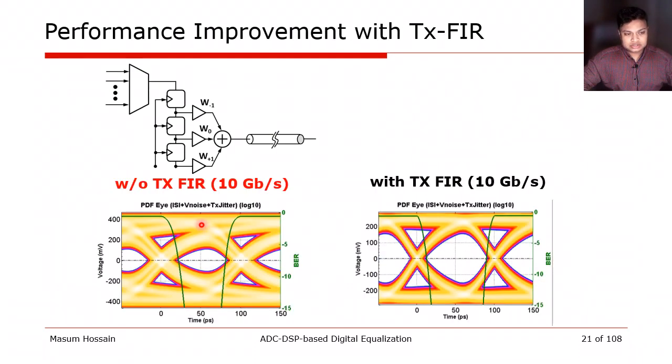This swing reduction is also visible in the eye diagram. We see that the peak signal swing from 400 mV has dropped down to 200 mV. Nevertheless, if we look at how much ISI distortion we had in the eye diagram, that has significantly reduced, and so did the transition data dependent jitter.